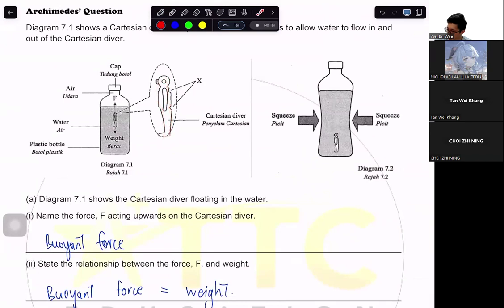When you squeeze, you will increase the water pressure, so the water is basically forced to go inside. When the water goes in, it's like a submarine. You let the water come in, your weight will become bigger than your buoyant force, so then you will sink.